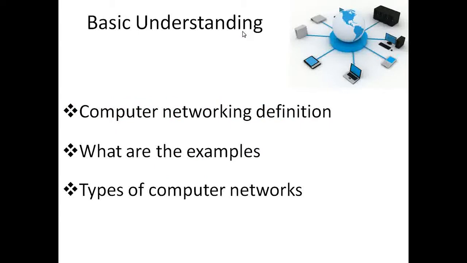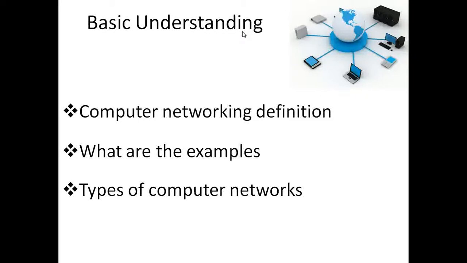The basic understanding of computer networking. Define computer networking. Computer networking is a process or method that creates communications between computers and other devices. They communicate in order to share information such as data and resources, or to establish video conferencing or video communications such as Skype and MSN.